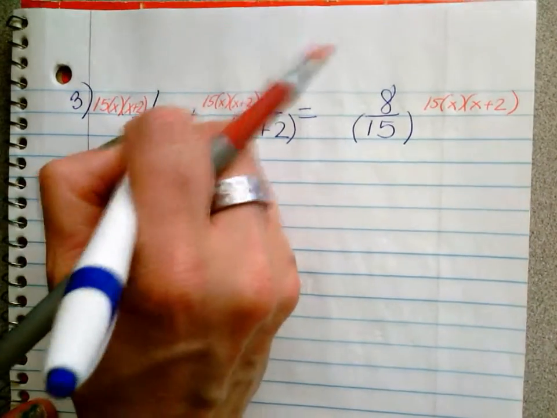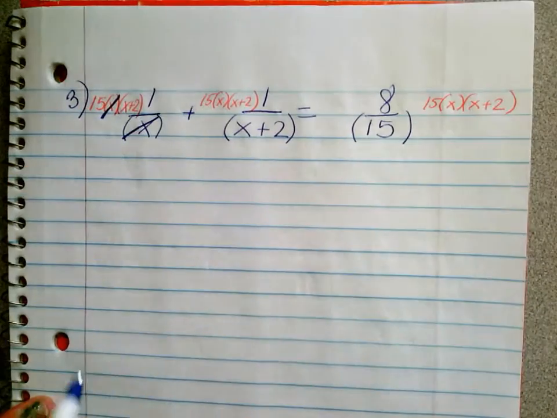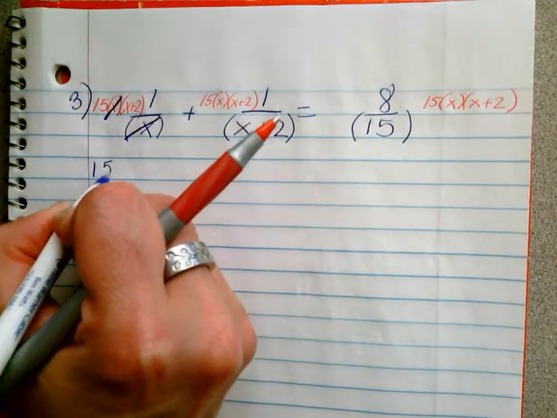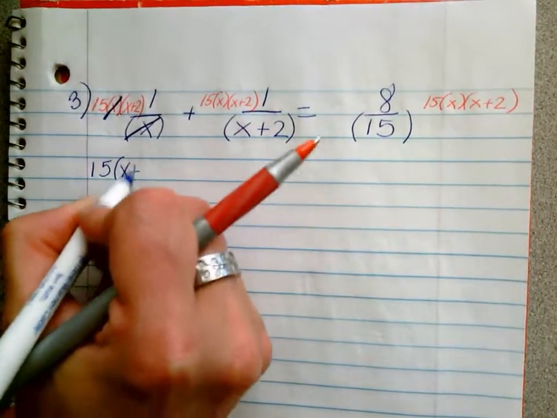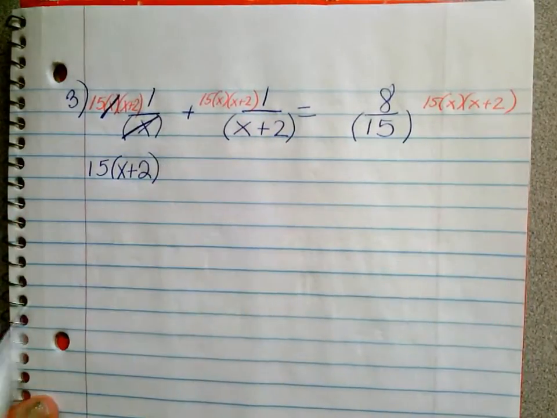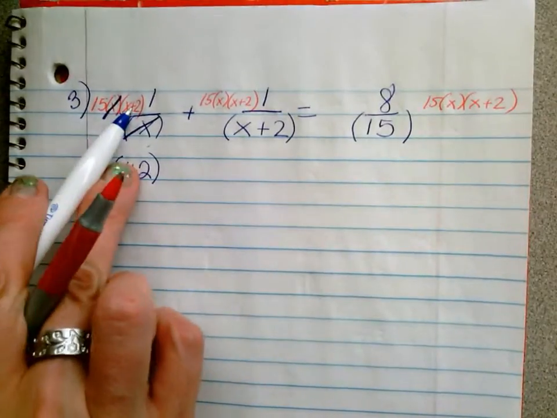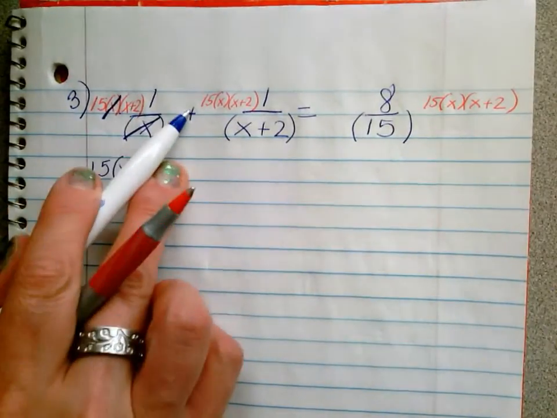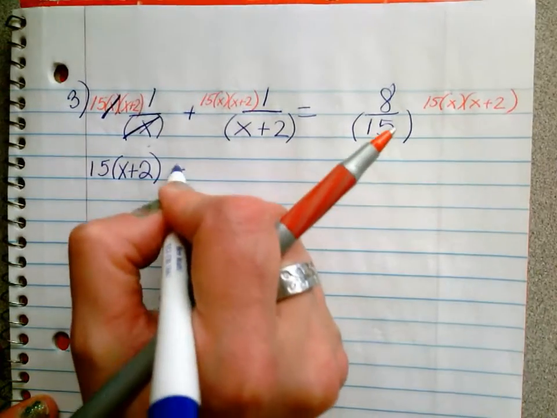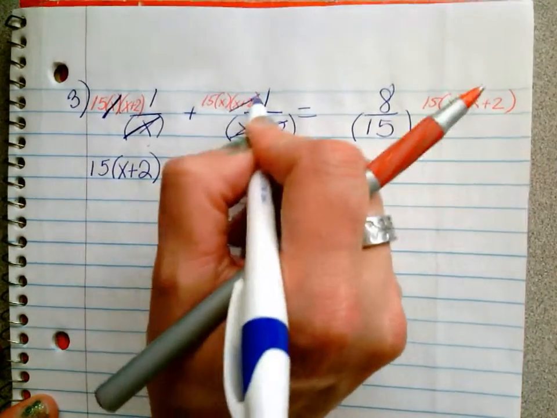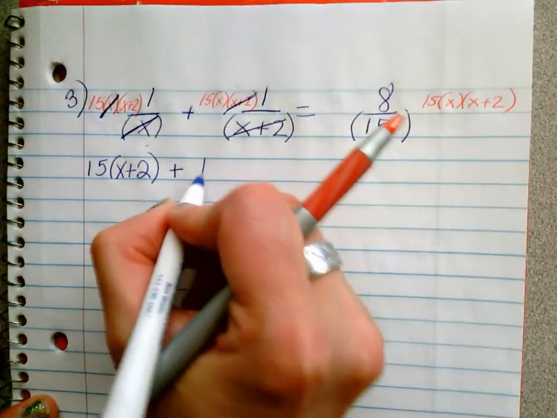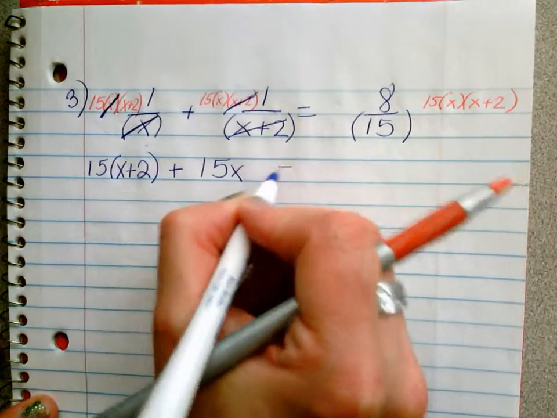Start reducing or canceling. In the first position, I'm going to be real slow about this because I don't want to make any mistakes. So the x's cancel, leaving me with 15 times x plus 2. Added to, the x plus 2's cancel. 15x it is. That one's easy enough.